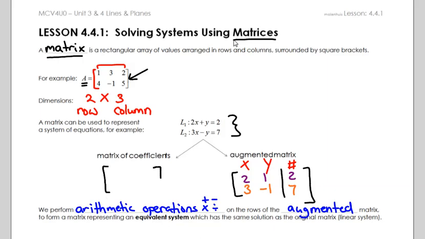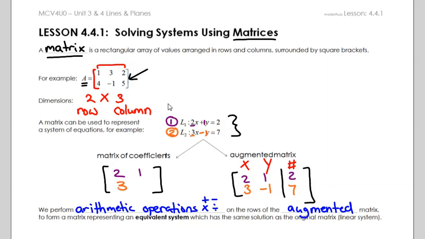So first you put square brackets. Okay, and I have equation number 1, which is my line 1. Whatever the coefficients are in front of your letters, you're then going to write into a row in your matrix. Okay, so this is equation number 2, and so we have a 3 and a negative 1.